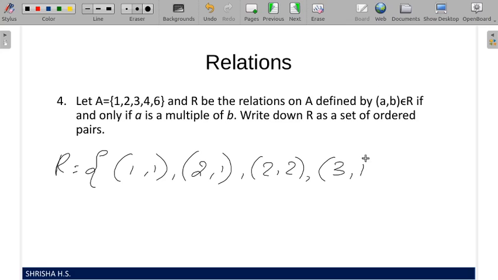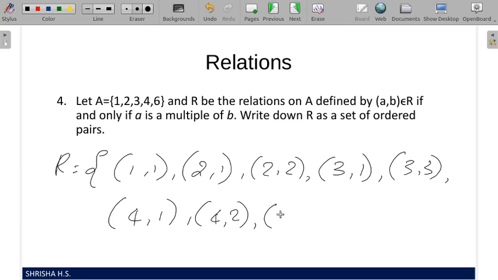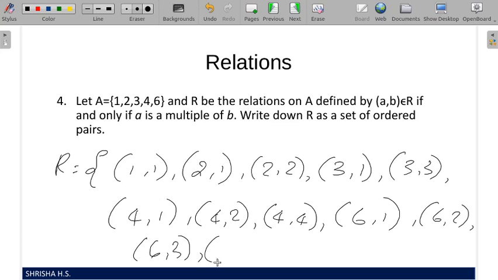So 3 is a multiple of 1. 3 is not a multiple of 2, 3 is a multiple of 3, 4 is a multiple of 1, 4 is a multiple of 2, 4 is not a multiple of 3, 4 is a multiple of 4, 6 is a multiple of 1, 6 is a multiple of 2, 6 is a multiple of 3, 6 is not a multiple of 4 or 5, 6 is a multiple of 6. Okay, so this is the relation.